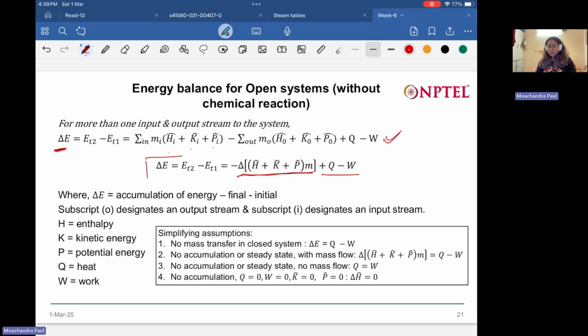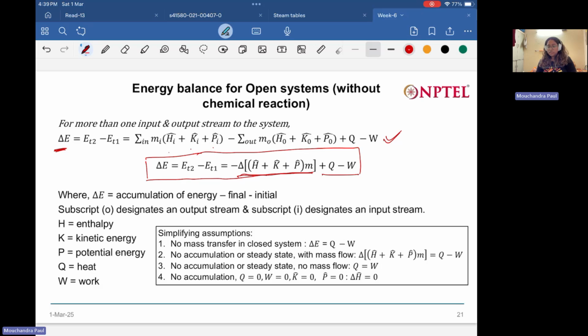Now, this particular equation can be simplified further if you take some assumptions. Like if there is no mass transfer, like it is a closed system, then this particular term M will become 0. So net accumulation will be equal to Q minus W. If the system is in steady state or if there is no accumulation, then delta E will be 0.